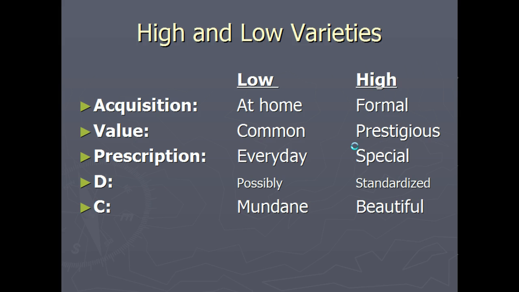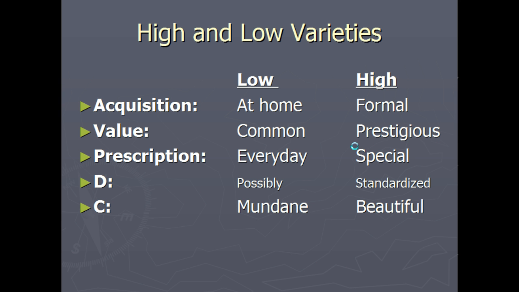So we can distinguish between high and low varieties by looking at a few characteristics, primarily acquisition, value, prescription, development, which is noted by the D, and characterization noted by the final C. Looking at acquisition, the low variety is learned at home, while the high variety is learned formally, typically through formal schooling.